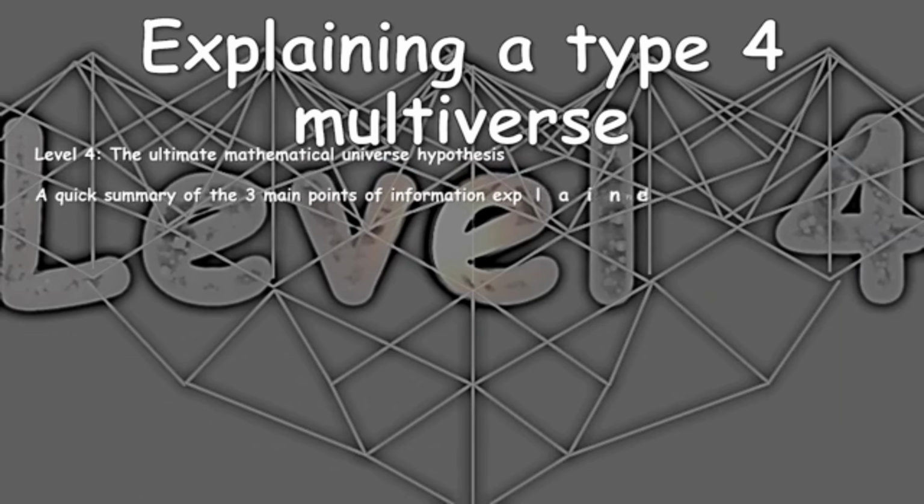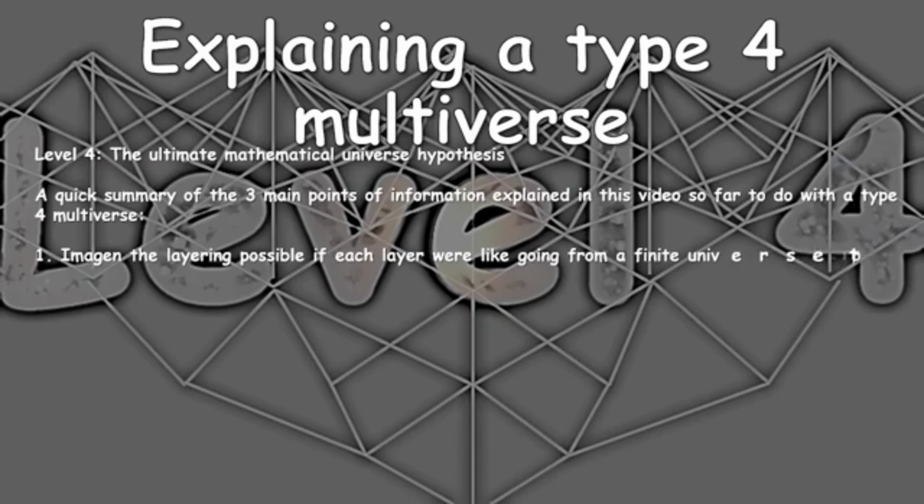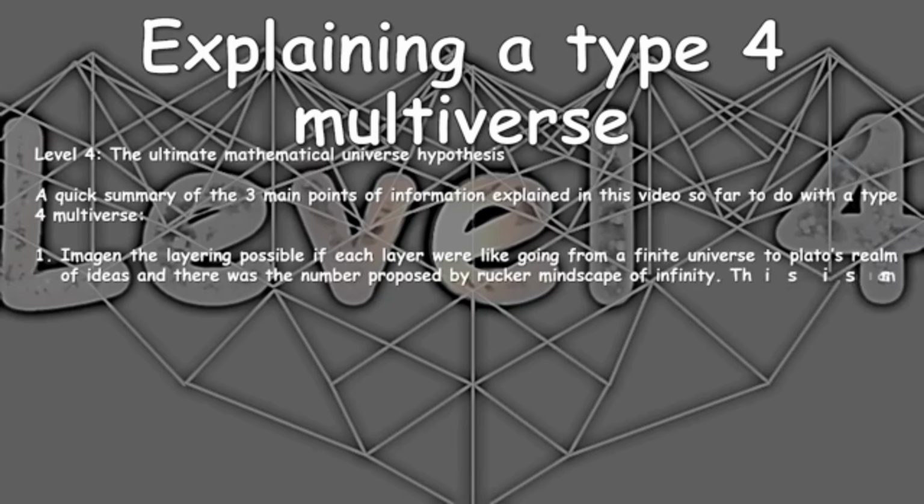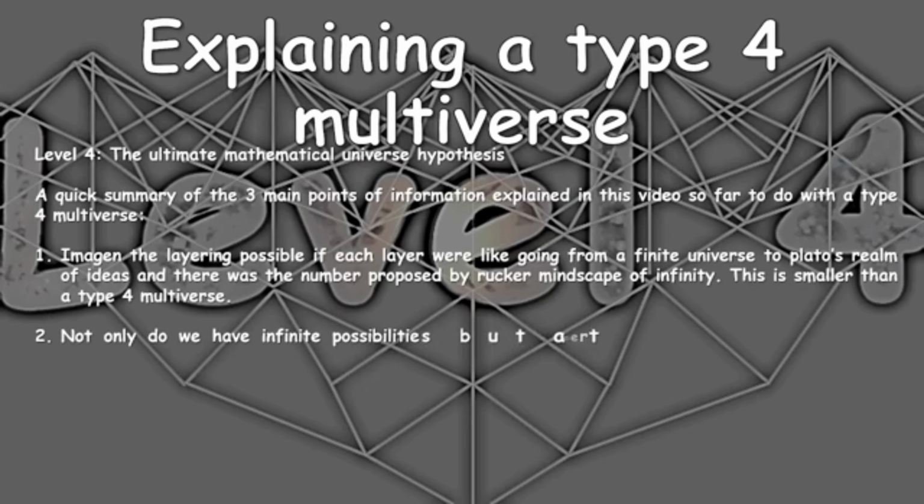So, with that being said, let's make a quick summary of the 3 main points of information explained so far in this video for a Type 4 multiverse. The first one, imagine layering each possible layer like going from a finite universe to Plato's realm of ideas, and doing this the number of times proposed in Rucker's Mindscape of Infinity. This is smaller than a Type 4 multiverse. 2.